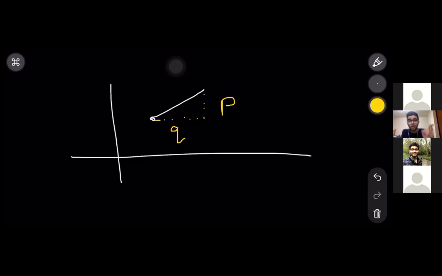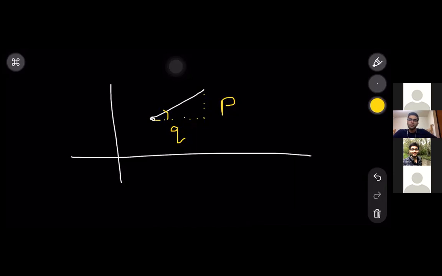Because we're doing the tan of that angle over there. So that is going to be opposite over adjacent. In this case, P is the opposite and Q is the adjacent. So it will be P over Q. Are we in agreement with this at this point of time? Is everybody okay with that? The slope of this line is P over Q. Yes. Okay, thank you.